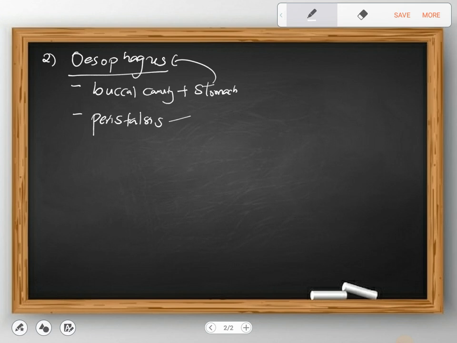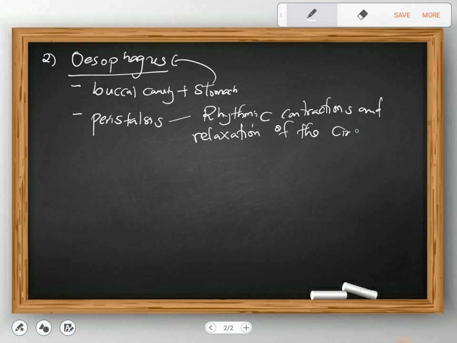These are just rhythmic contractions and relaxations of the circular and longitudinal muscles of the same esophagus.